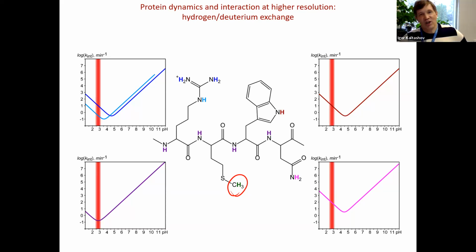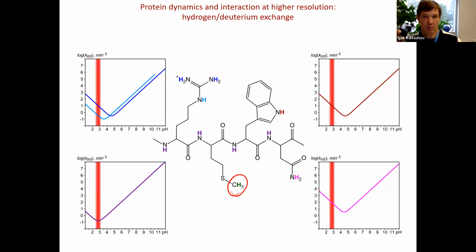It turns out the exchange with solvent is a very complex chemical process, and it depends on a lot of things such as temperature, solution pH, and so forth, in addition to the protein, in addition to accessibility of these hydrogens. And what's interesting, for every type of hydrogen, the exchange is either acid or base catalyzed, but usually base catalysis is much stronger.